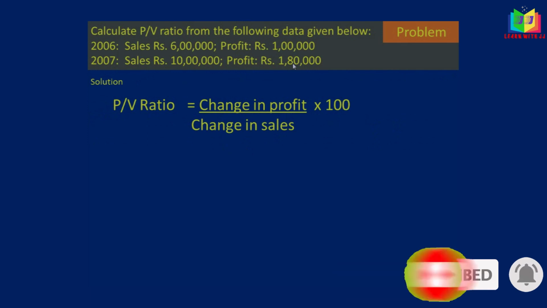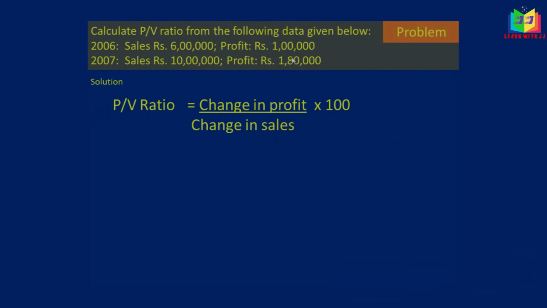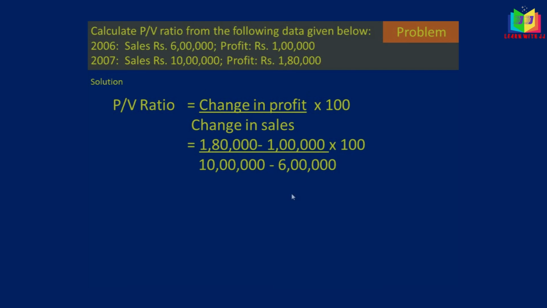So here the change is 80,000. 1,80,000 minus 1 lakh is 80,000. And similarly, the sales is 6 lakh and it is 10 lakh in 2007. Here the change is 4 lakh. So 80,000 divided by 4 lakh will give 20%. 20% is the PV ratio here.